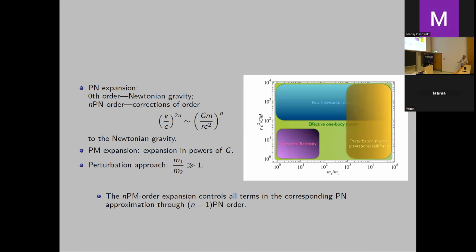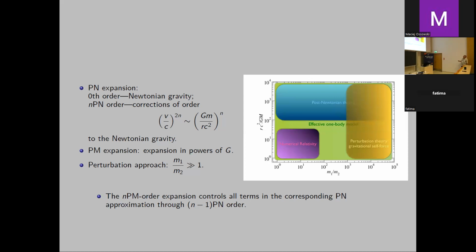It is an interesting remark that if we know the nPM order expansion, it means that we know also the post-Newtonian expansion to the order of one smaller. So for example, the second post-Minkowskian expansion covers all terms in the first post-Newtonian expansion.